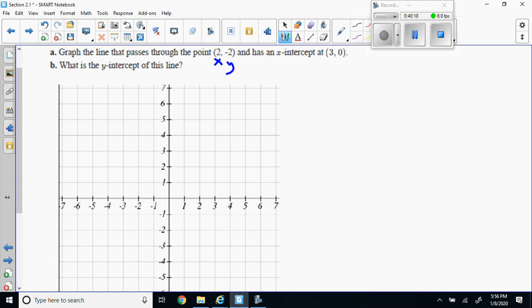The origin is the beginning. You go to that x value, 2. Now, the only choices I got from there is either to go up or what? Down. So I'm going down to what? -2, right? And then boom, that's my stopping point. There's my point. And then I have an x-intercept at what? 3, 0.